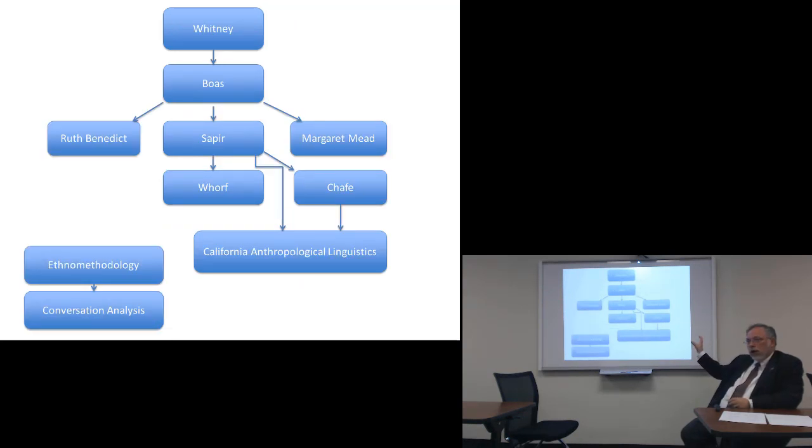Now, here we're on the other side of the chart. So this is the anthropological side. Again, influenced by Whitney directly. In the case of American structuralism, the influence is through Saussure, but here it's a direct influence. So Whitney influenced Boas, who was an anthropologist.